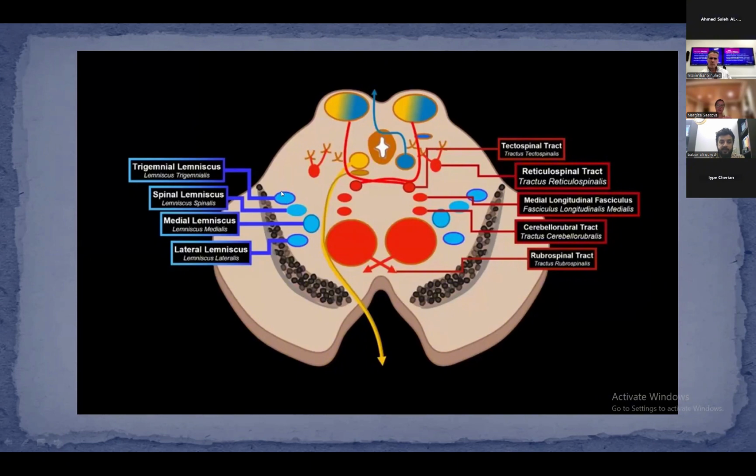Whereas at the back, there is the trigeminal lemniscus, which will be carrying the sensory information from the head and neck region to the above centers. So these are some of the important ascending and descending tracts.